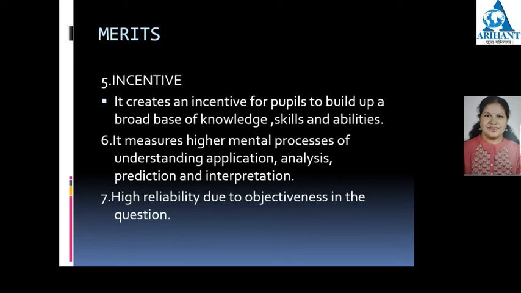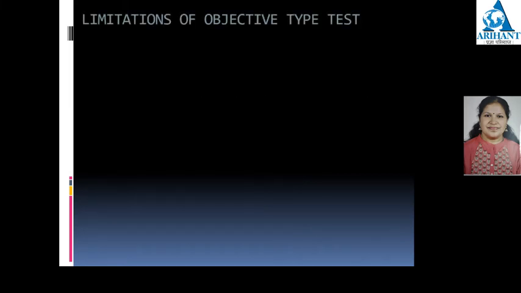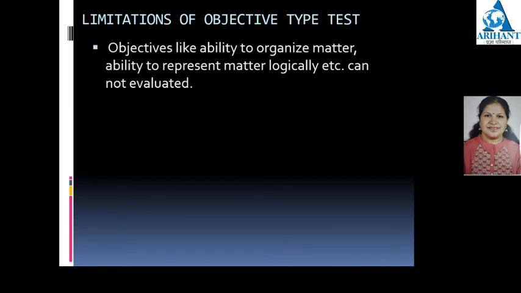The next merit is high reliability due to objectiveness in the question. Because of objectivity, reliability of the test will be increased. It can be organized online as well. These are the merits. Now we will see the limitations of objective type test.